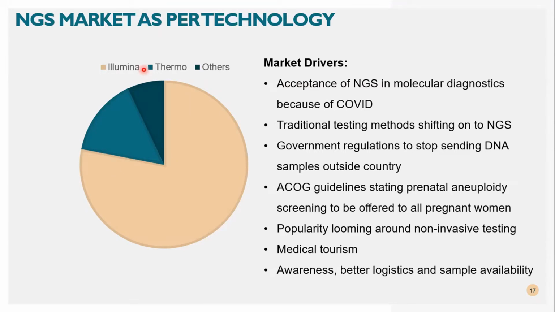Many people come here for different kinds of treatments. They also have some influence on the market, as Indian labs are doing extensive next generation sequencing on their samples. And of course, awareness, better logistics, and sample availability are other factors helping the NGS market grow in Indian territory.